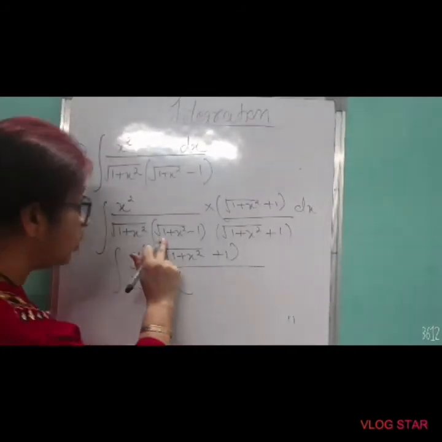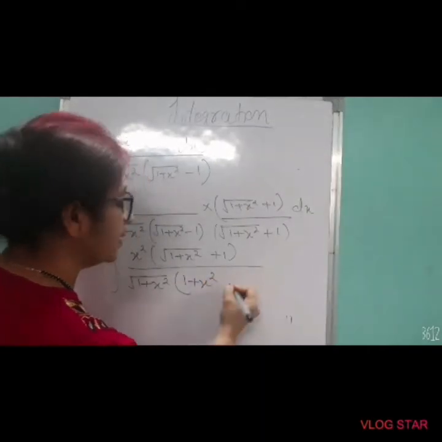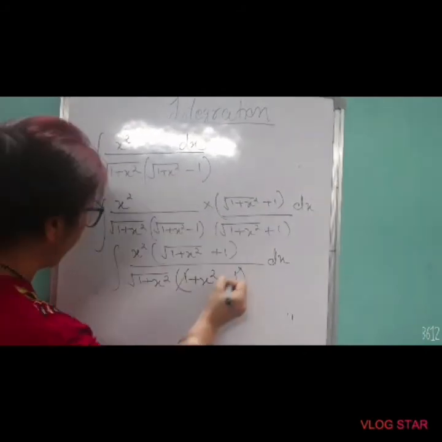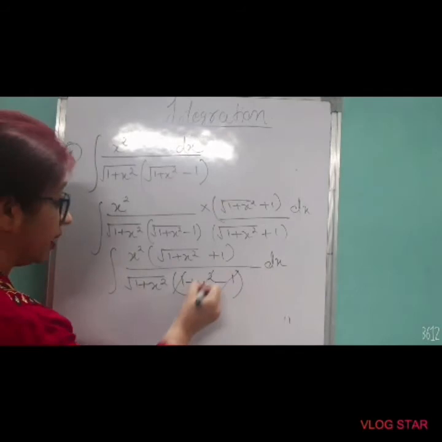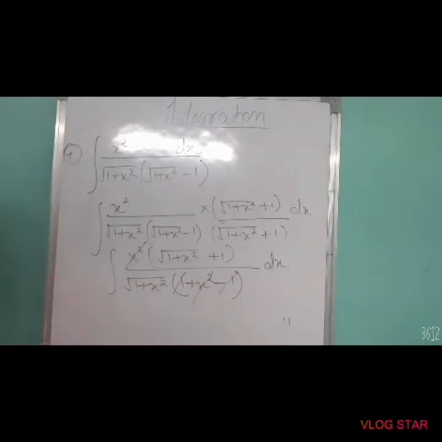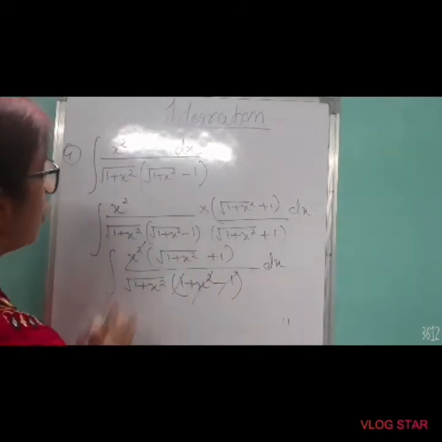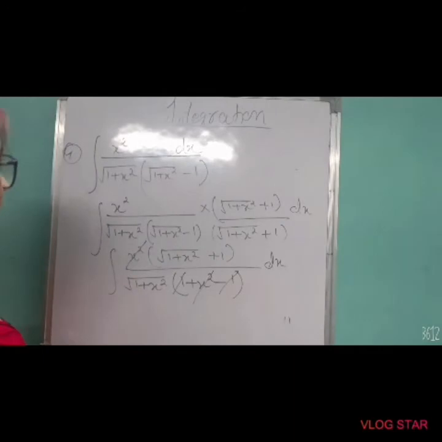If I am using a square, the root will go. It came like this. 1 square is 1 only. dx. 1 and 1 got cancelled. I am remaining with a single term x square. And x square also got cancelled. I am remaining with the term under root of 1 plus x square plus 1 by under root of 1 plus x square.